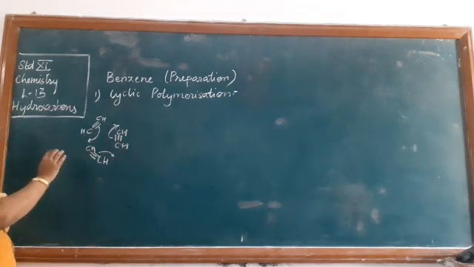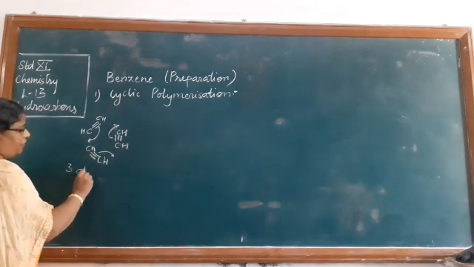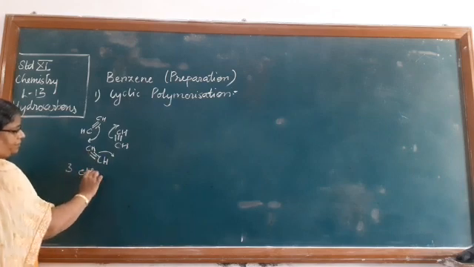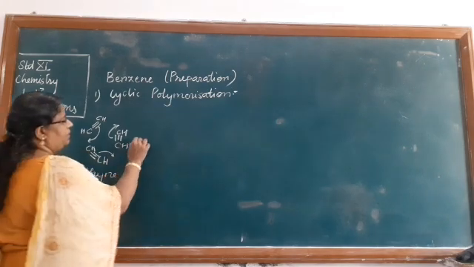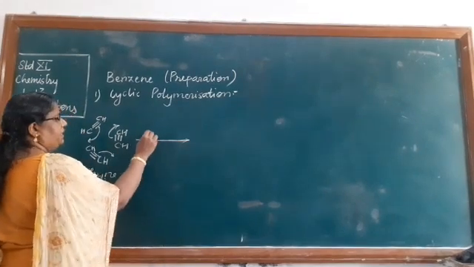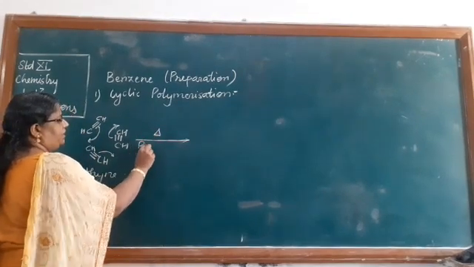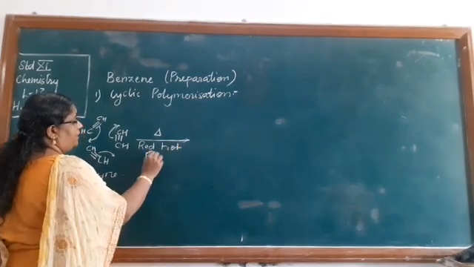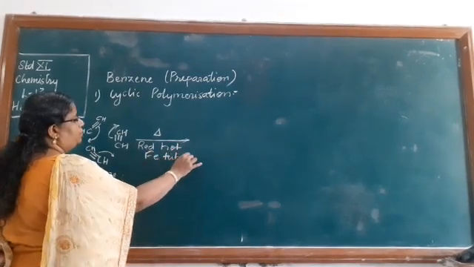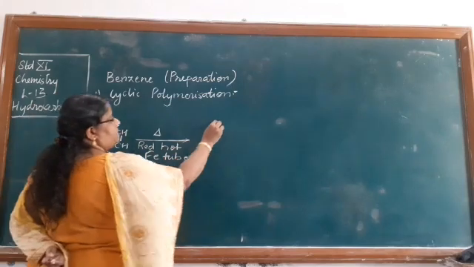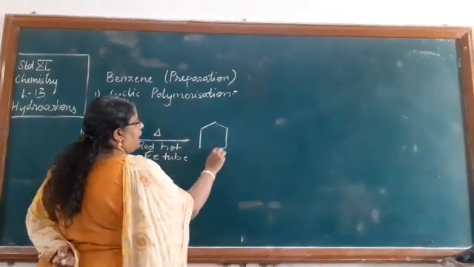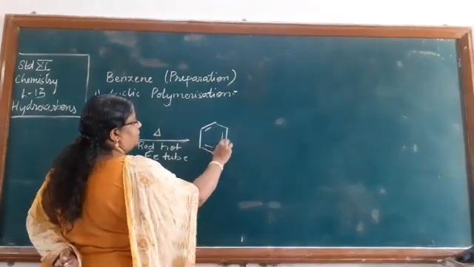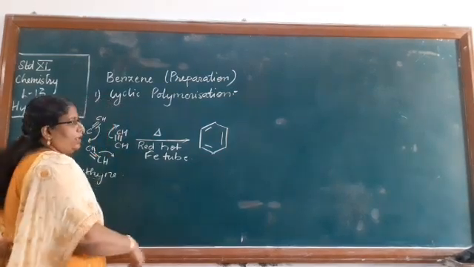So when 3 molecules of ethyne are heated at very high temperature using a red hot iron tube, you will find the cyclization process takes place and you get benzene.